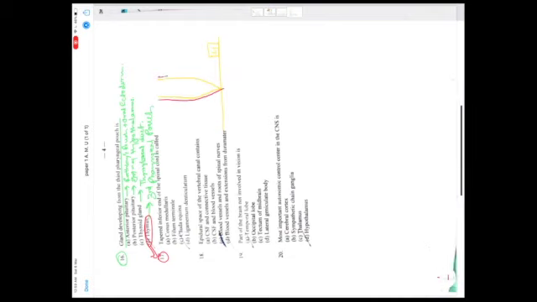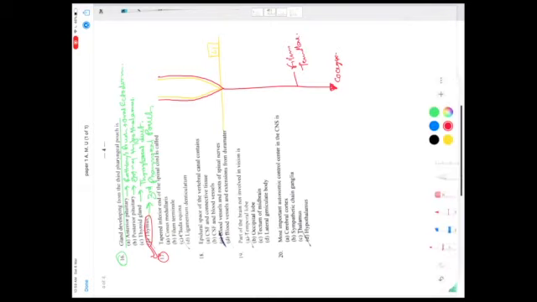This pia mater tapers there and continues down to the tip of the coccyx, right? And this is called filum terminale.